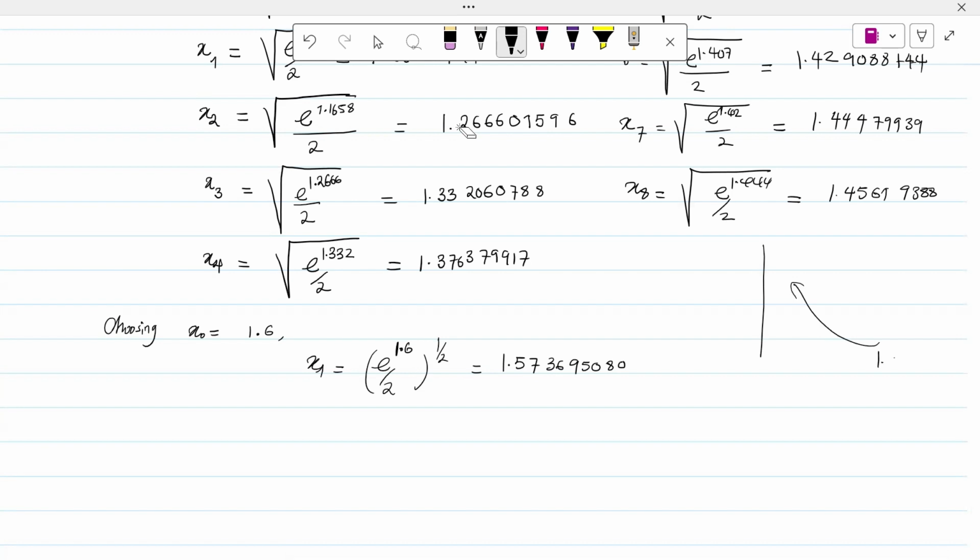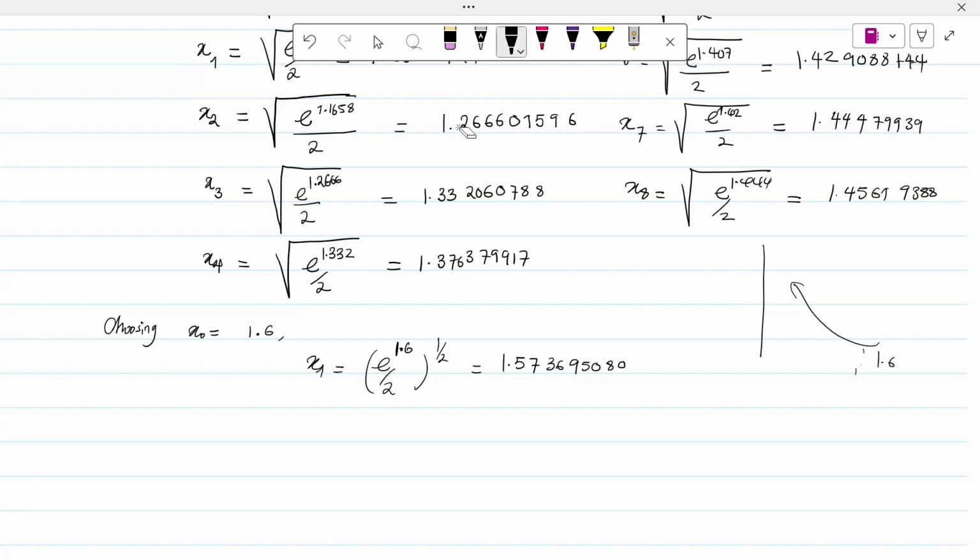So at 1.6, we find ourselves at 1.5 something, approaching 1.5 itself. But if we started with 1.6 and ended up having 1.7 as x1, then we could say this is diverging, we're moving away from 1.5.